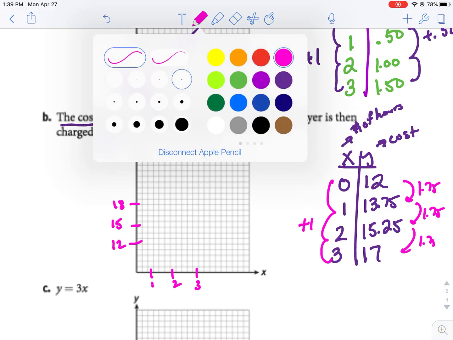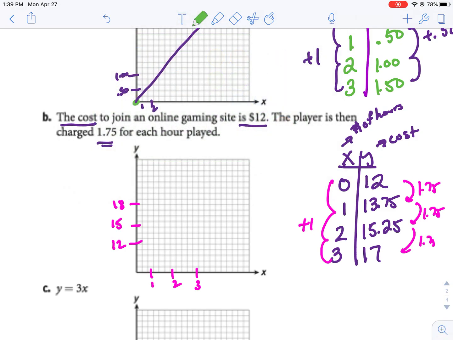So the one thing we have to be careful with here is our y-intercept is not at 0, 0, or our initial value. Our initial value is up at 12. So it's going to start higher this time at $12. And then if you play 1 hour, it's about $13.75. 2 hours would be just a little bit above $15, and 3 hours would be $17.